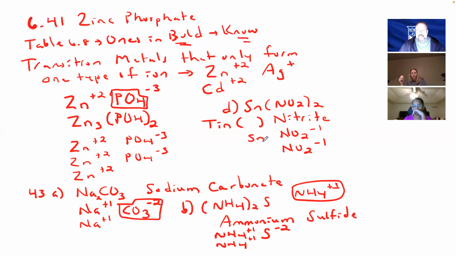Therefore, since we only have one tin ion here, what does the charge of the tin have to be? Plus 2. Because if it's plus 2, and this adds up to minus 2, now the overall charge adds to 0. What do you have here? You have tin(II) nitrite.